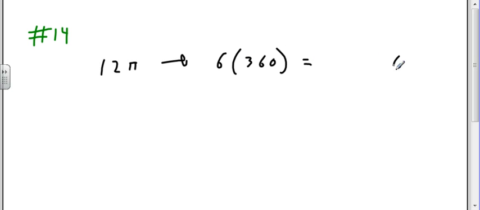All right, so that's going to be 0, 6, 3 to carry, 2,160. 6 times 360. Oh, lucky guess. And unlike radians, we have to put a degree symbol there, so put a degree symbol there. Okay, number 16.